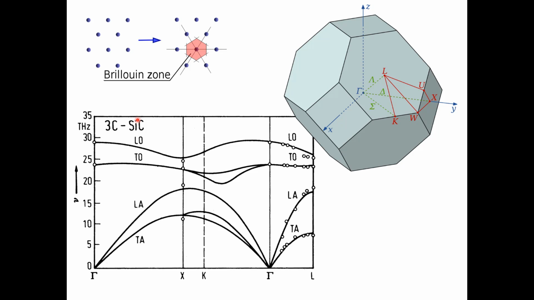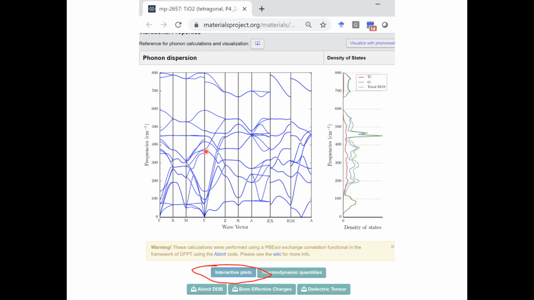What I'm about to show you next is something that I think is so freaking cool. You all know that I'm a big fan of the Materials Project. It's a big database of DFT calculated materials properties. One of the things that you can see on the Materials Project is that for some very common materials, they actually have the full phonon dispersion calculated.